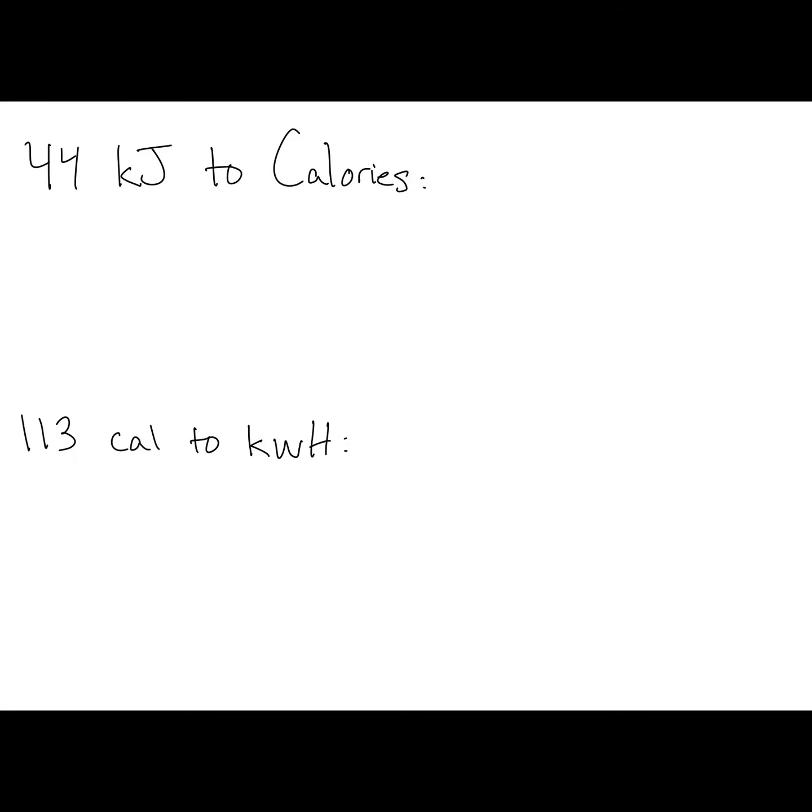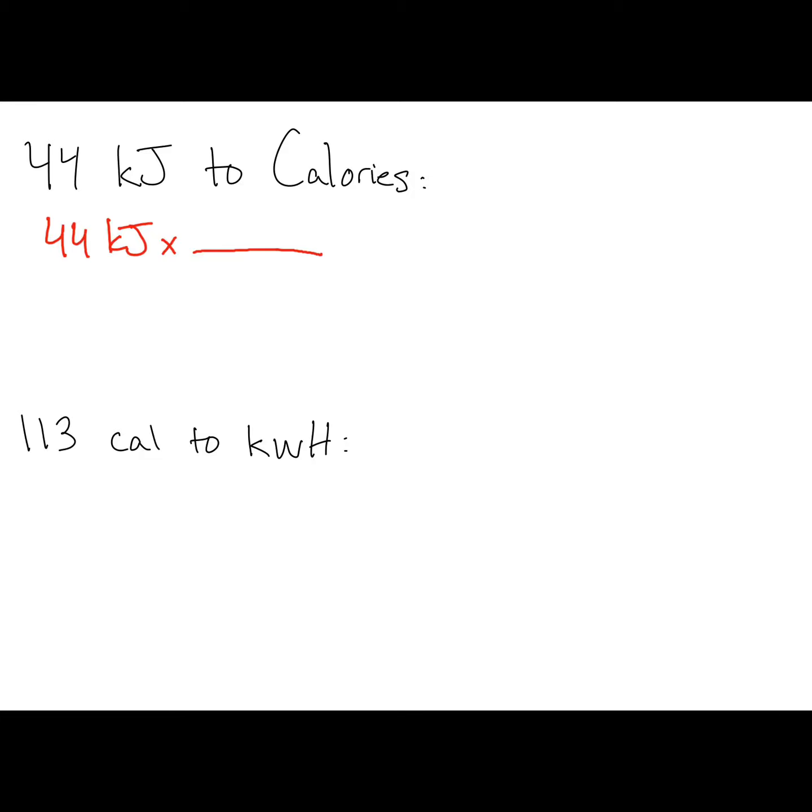Our next one is 44 kilojoules to calories. So as always, we always start with what we were given, which is the 44 kilojoules times. Alright, so now we need to change kilojoules into joules.